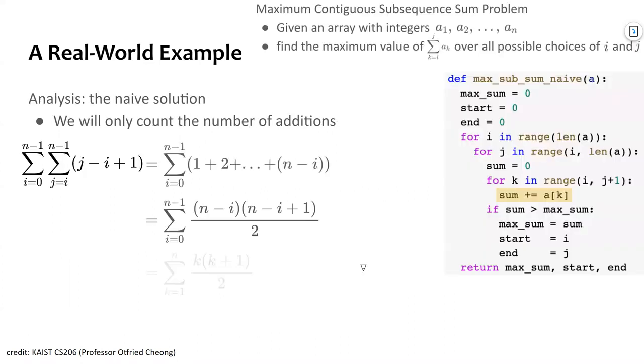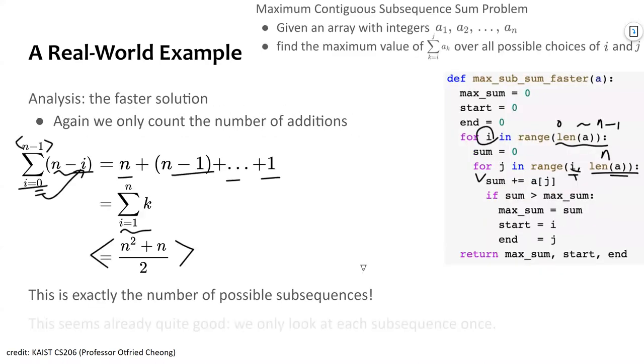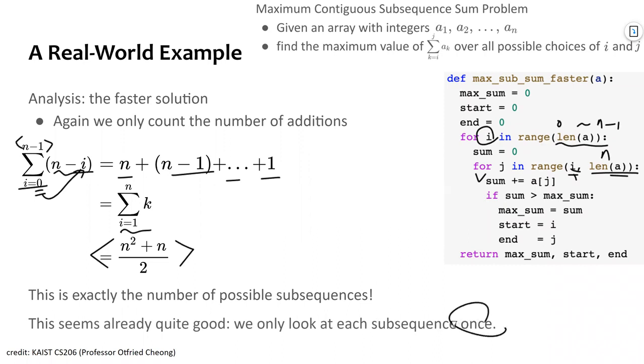And our algorithm here, the faster version, does the addition, and this is exactly the number of possible subsequences, right? And this seems already quite good. We only look at each subsequence a single time. We do not look at all possible cases more than once, right?